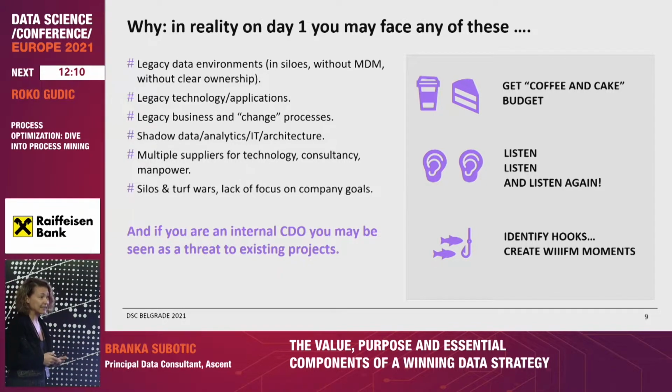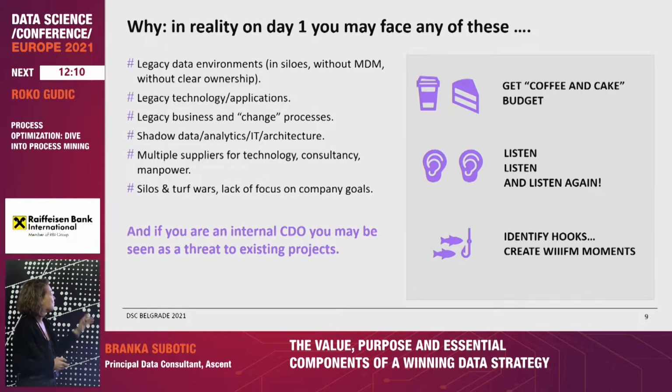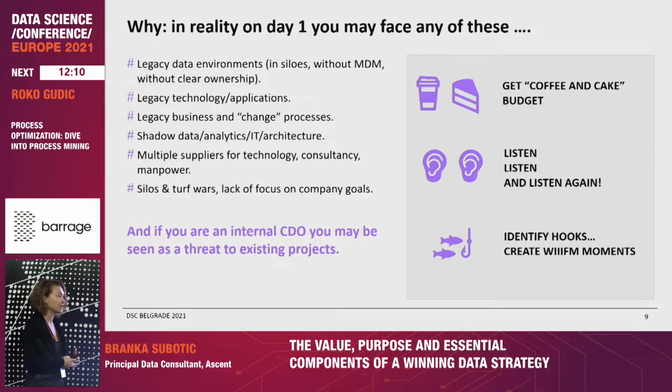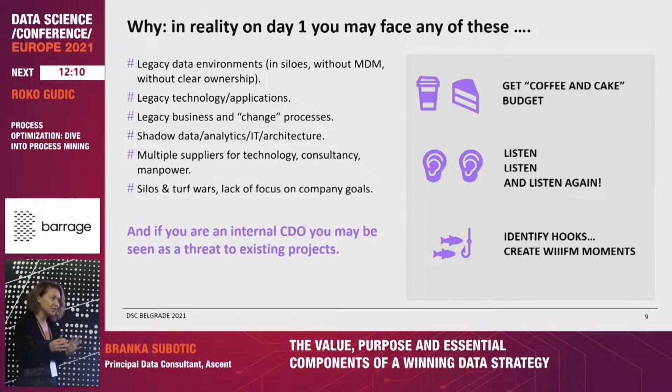Shadow data, analytics, IT, I've seen it all. I really have. Multiple suppliers that come on board, which is absolutely natural. But unless you have certain ways of working that you tell them they need to comply with, it's going to be a bit messy. And then finally, you can see silos, turf wars.